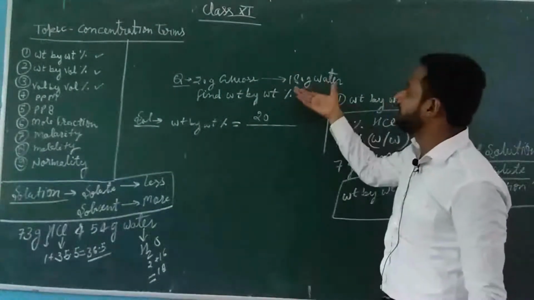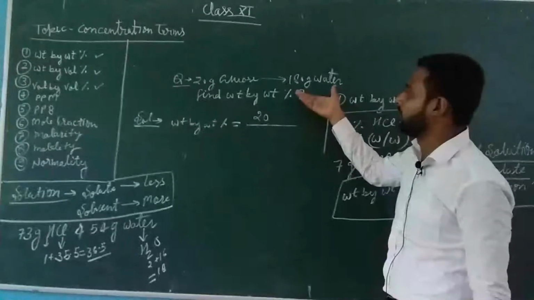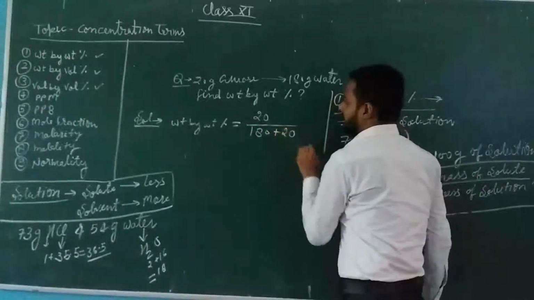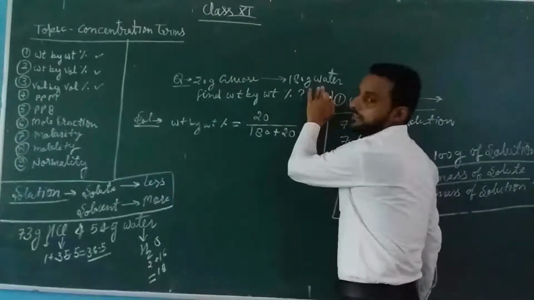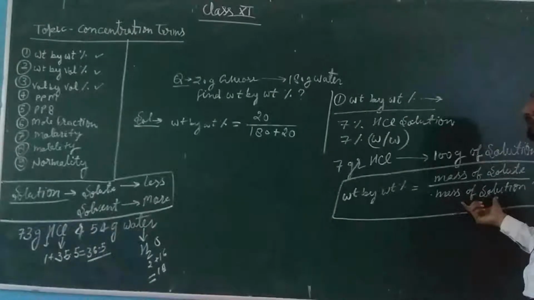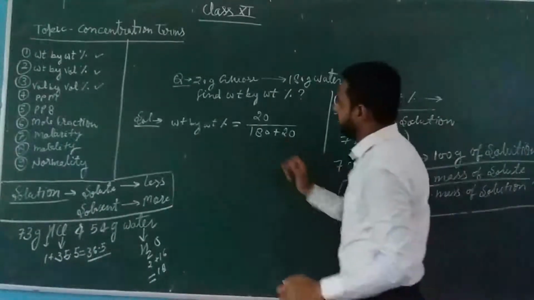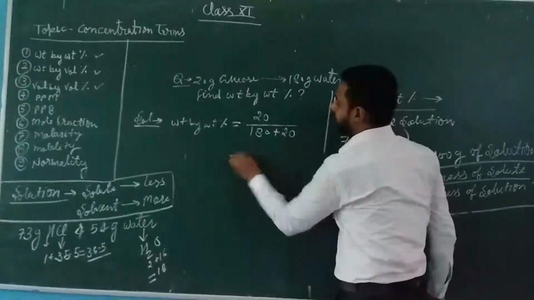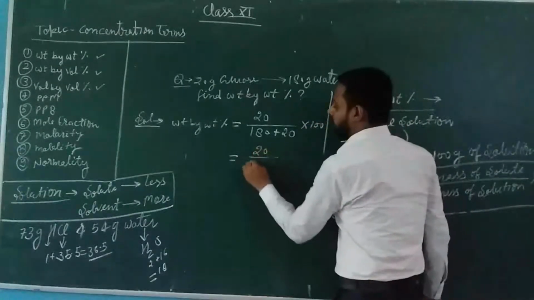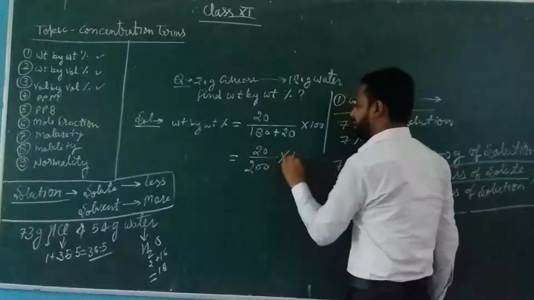So the total mass of solution is 180 plus 20, because water is the solvent, and we have to put the value of mass of solution. So 180 plus 20 is equal to 200, into 100. 20 upon 200.